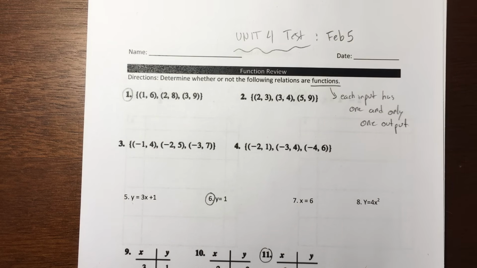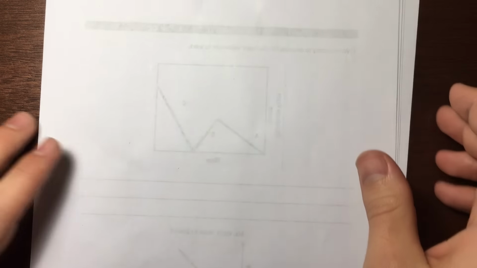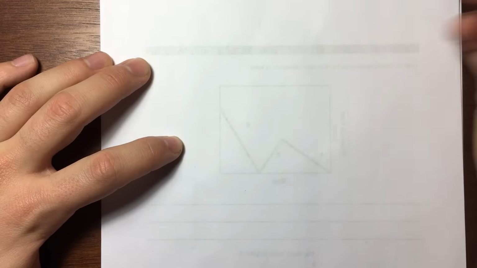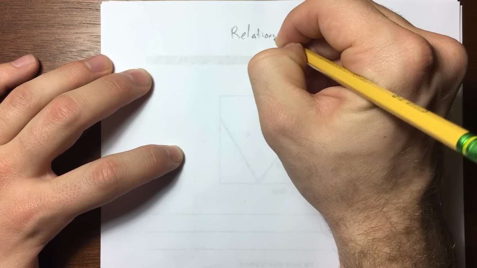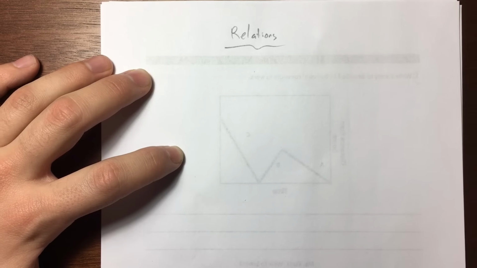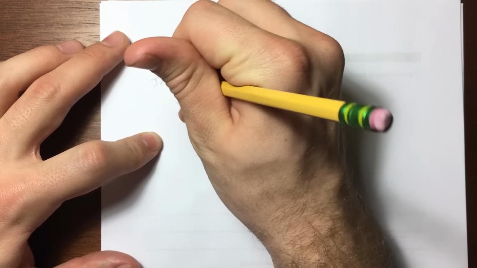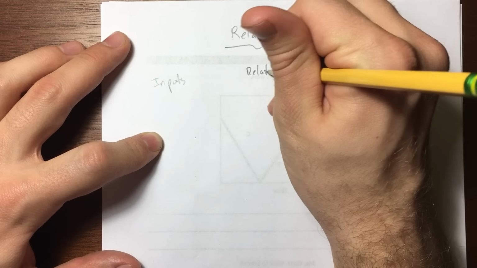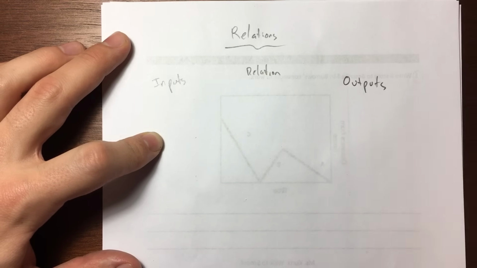Before we get into this packet, we're just going to take a quick step back and briefly go over what exactly a function is. Before we get into functions, we need to understand that in math we have what are called relations. A relation is where you have some inputs into this relation and you get out these outputs.